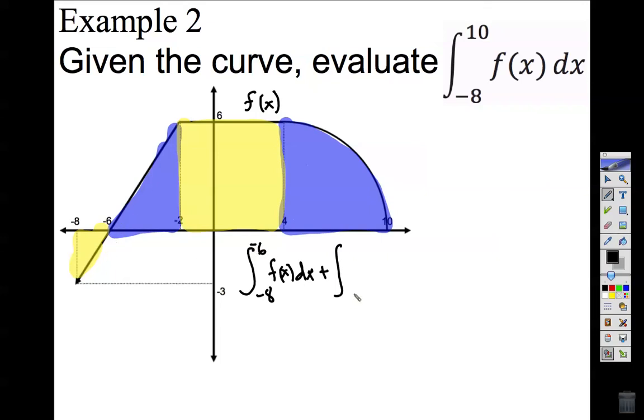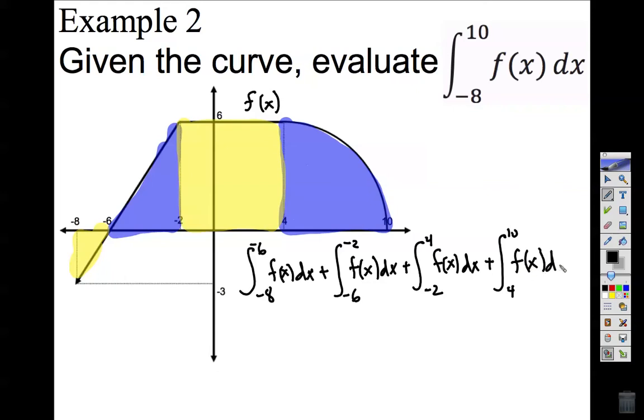This triangle begins where the last ended, so we begin at -6, and the x part ends at -2. Again, this is still f of x dx. Plus, the third area is a square, begins at -2 and ends at 4. Three areas, we need a fourth area. This is the fourth area, plus the definite integral that starts at 4 and ends at 10. Again, this is all from the same function, f of x dx.